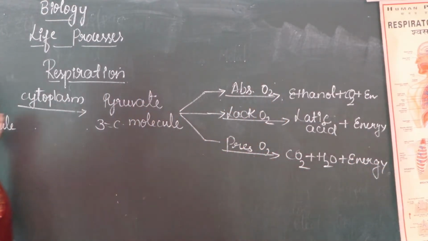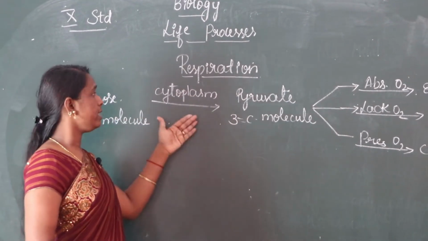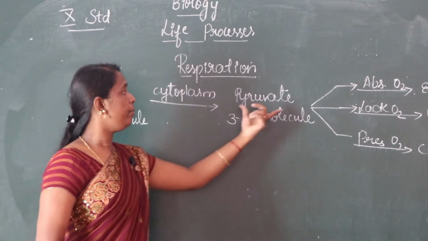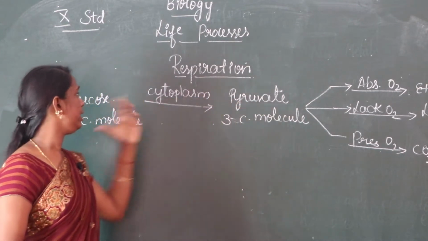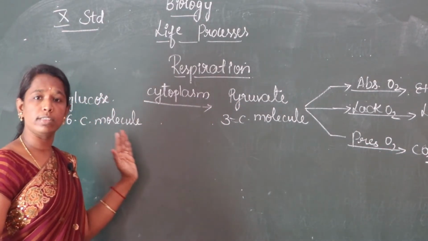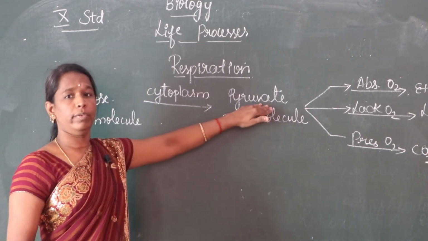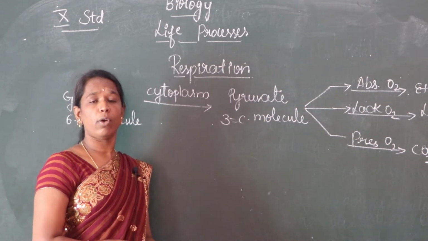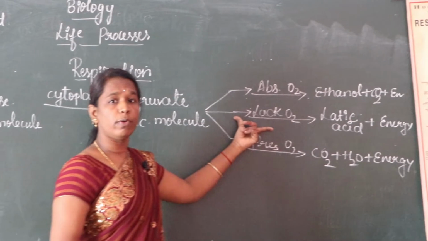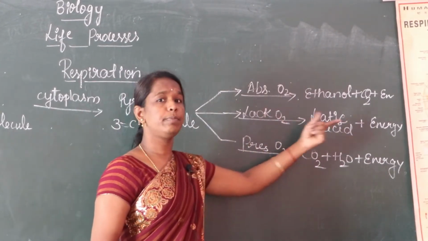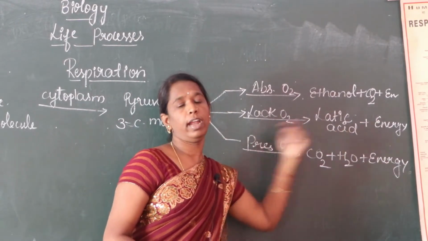Children, the glucose 6-carbon molecule converts in the presence of cytoplasm into pyruvate, a 3-carbon molecule. What is pyruvate? The conversion of the glucose 6-carbon molecule into a 3-carbon molecule is called pyruvate. Absence of oxygen gives ethanol plus carbon dioxide plus energy, lack of oxygen gives lactic acid plus energy, and presence of oxygen gives carbon dioxide, water and energy.